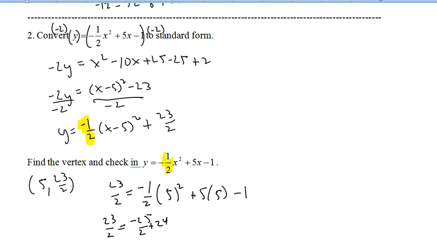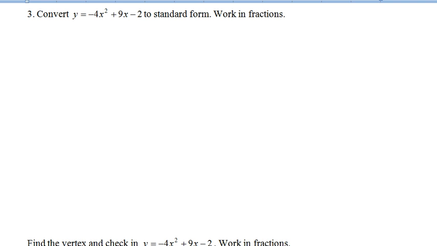So notice I just went 5 times 5 is 25, minus 1 is just 24. Now I need a common denominator. So I'll have to go 24 over 1 times 2 over 2. And that's true.